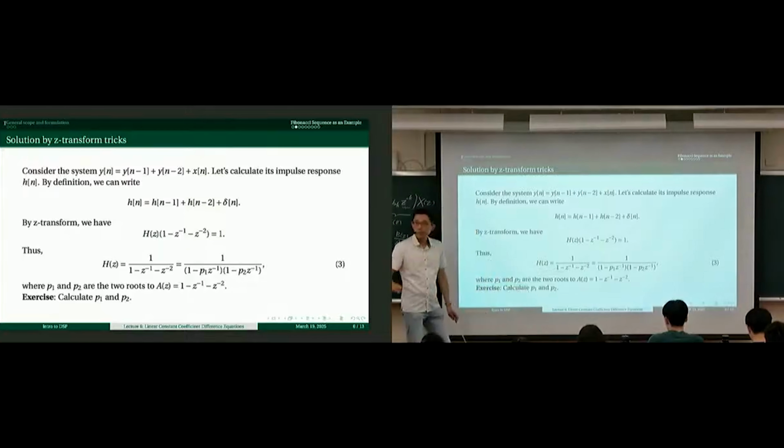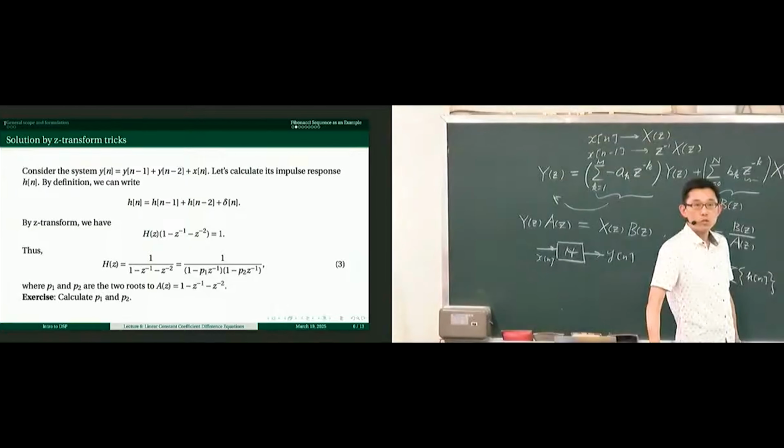So please spend some time to make sure you are familiar with this notation. But otherwise, this is nothing but factorization, simply the relation between roots and coefficients. So far so good. So in principle, we can do that, where P1 and P2 are the 2 roots of this polynomial.